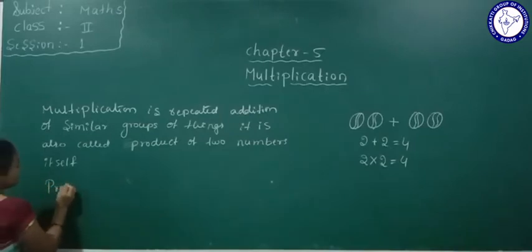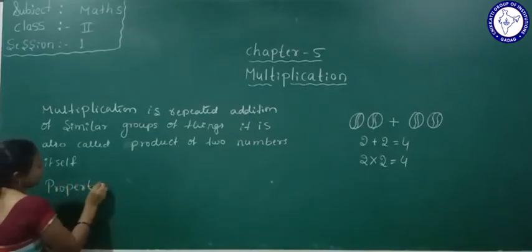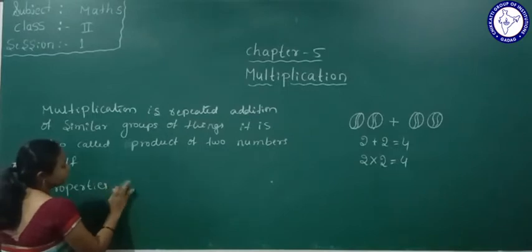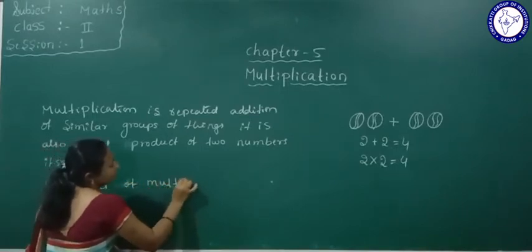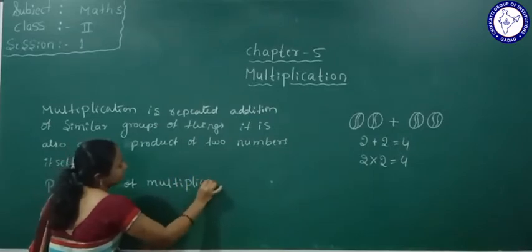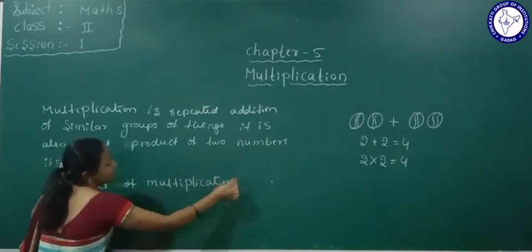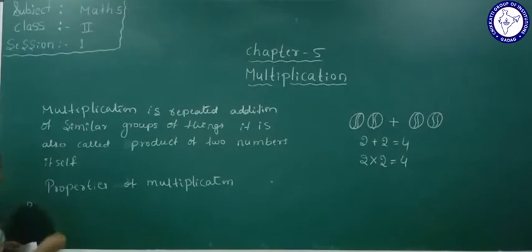So in this multiplication, there are properties. Properties of multiplication. Which properties are there in this multiplication? Yes students, the first property I'll write here.